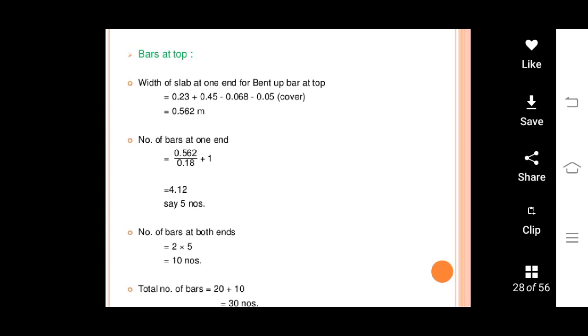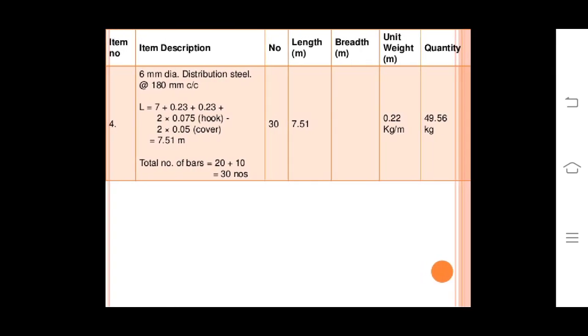Say 5 numbers. Therefore, total number of bars at both ends is equal to 2 into 5, which is equal to 10 numbers. Total number of bars is equal to 20 plus 10, which is 30 numbers.